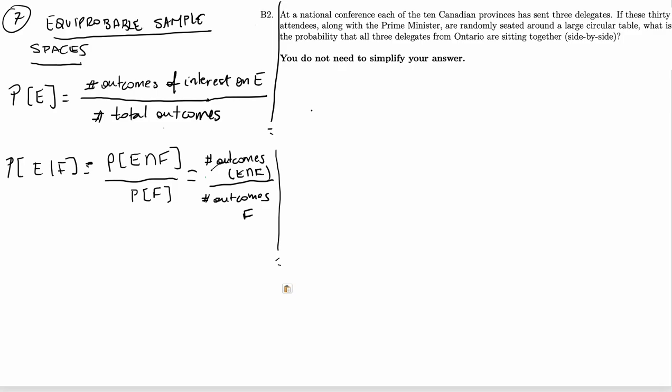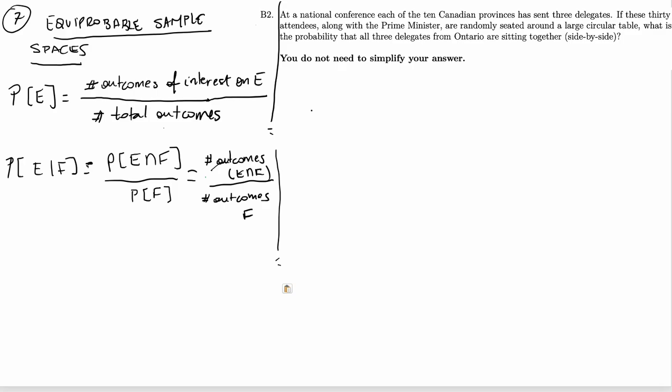Again, you're not given any probability. You're asked to calculate a probability. It's an equiprobable sample space, meaning that the chances of one configuration are not higher than another configuration of sitting these guys. So let's go back and interpret this.